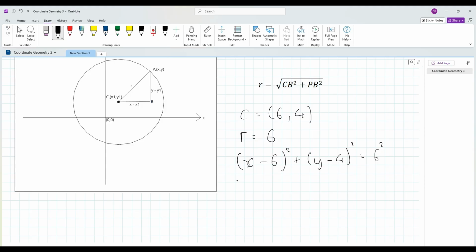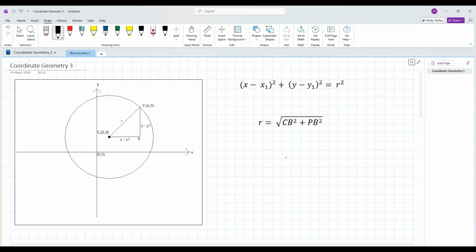So this is now (x minus 6) squared plus (y minus 4) squared. 6 squared is 36, so this equals 36. And there we have it.